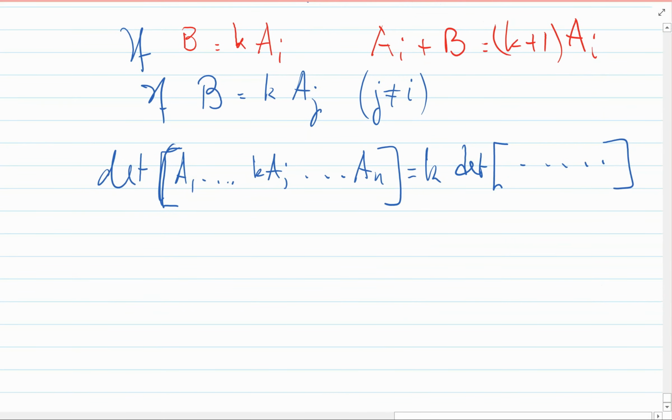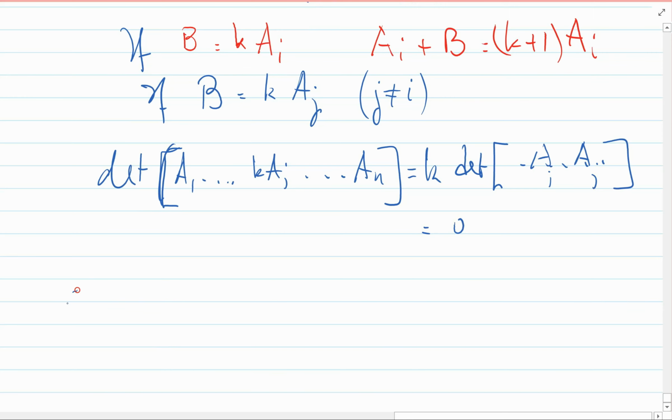In this case, it's easy to see that it is equal to 0, because two columns are the same: you're going to have AJ and AJ again, twice. So what does that mean?